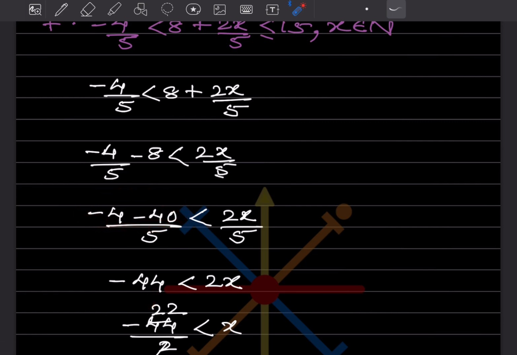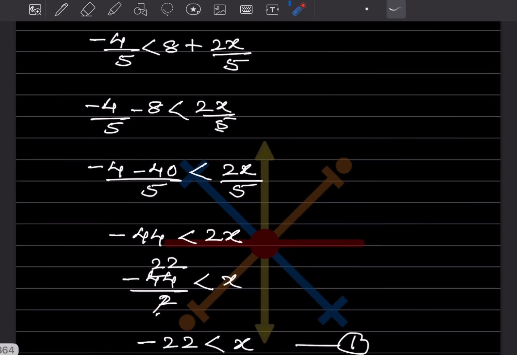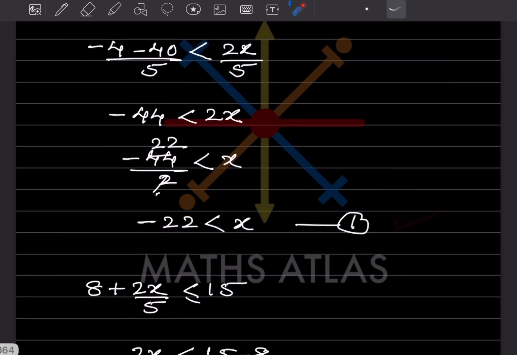You can also write here in one step, minus 44 by 5 is less than 2x by 5, and later on you can cancel out. So this will go on the other side, so that is going to be minus 22, which is less than x. So here minus 22 is less than x, so this will be equation number 1.